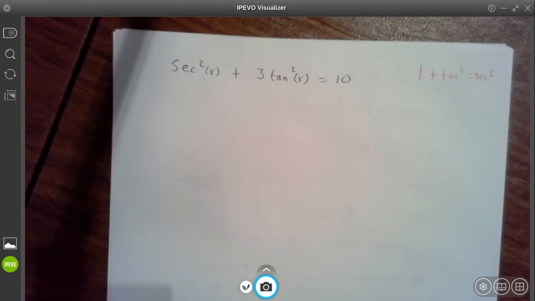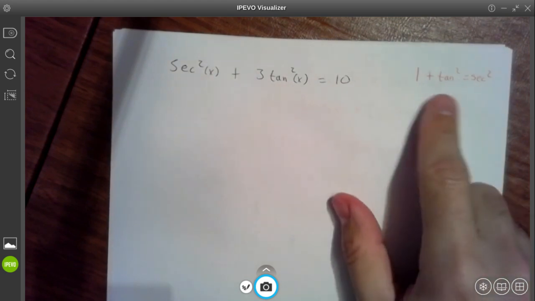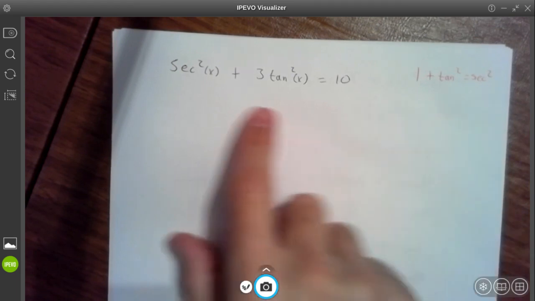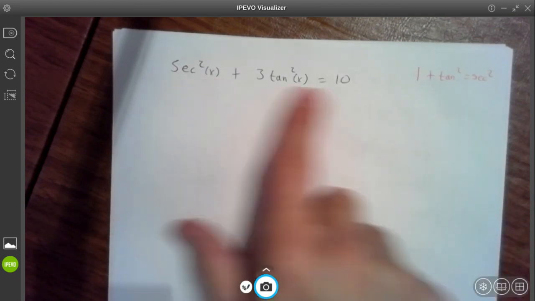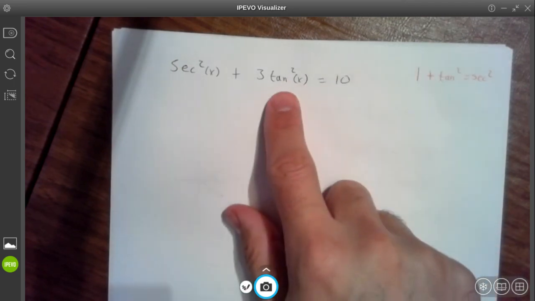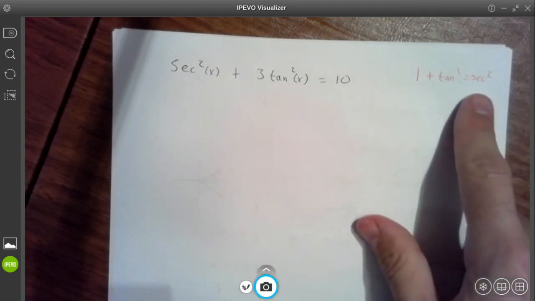This one we've got secant squared and a tangent squared. All right, so here's your Pythagorean identity for it, and you get to make a choice. You could either replace the secant squared with a tan squared plus 1, or you could replace the tangent squared with a secant squared minus 1.